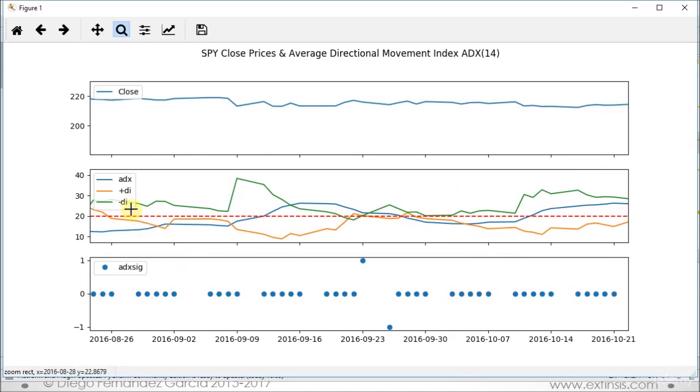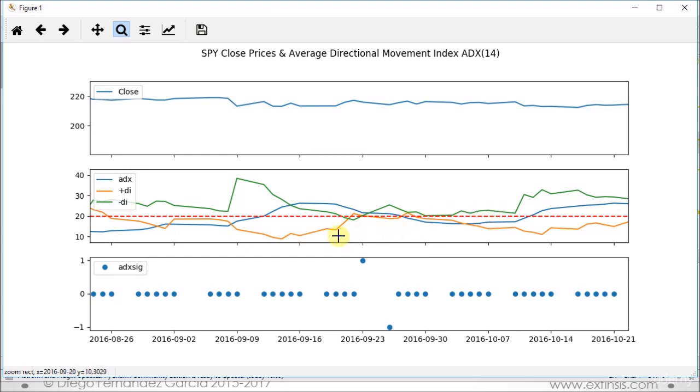Excellent. So something very important, we need to focus on 3 things. First of all, the positive directional index, which is the solid orange line, then the negative directional index, which is the solid green line, and the average directional movement index, which is the solid blue line. So the crossover occurs between these 2, and it needs to be confirmed by the average directional movement index being above the corresponding threshold, which is the red dotted line.